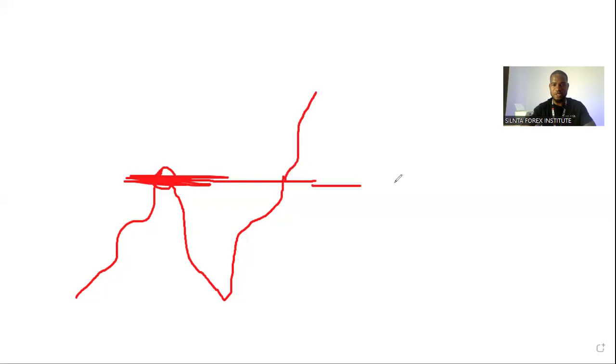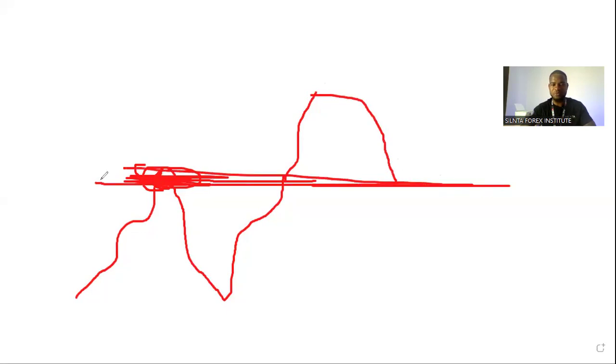If this resistance is broken, when the price comes back to this level, you are still expecting the price to respect this area that was previously known as a resistance, but in an opposite manner. What do I mean by that? In Forex, if a resistance is broken, it becomes a support.